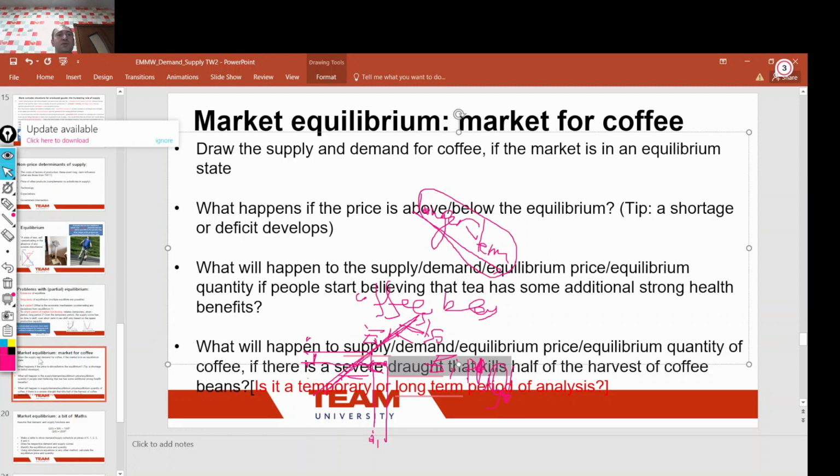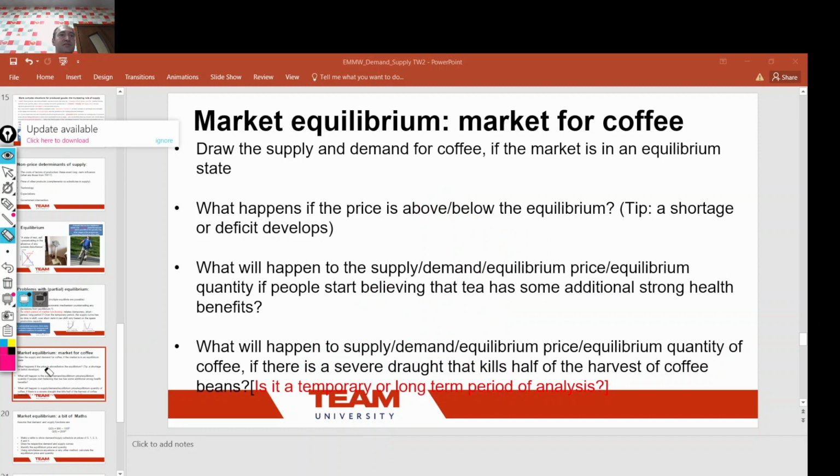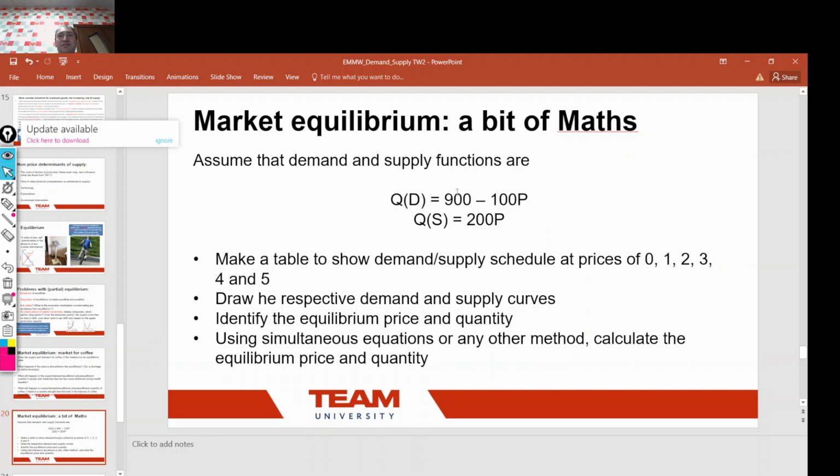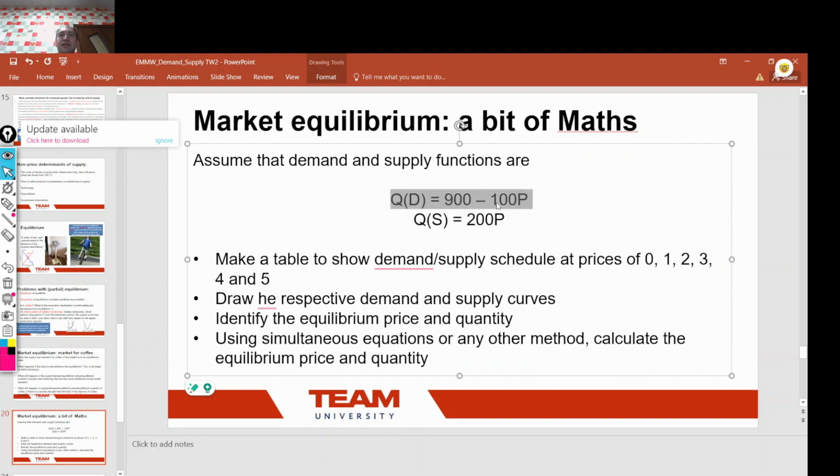Next, we can do what? Let's do some exercise, rather. We can do some exercise just to depict an equilibrium point, market equilibrium. We will do that in GeoGebra. So we ask just to draw this demand curve and this supply curve. Again, the demand curve is downward sloping as it should be, so the slope is negative, indicating the downward sloping curve.